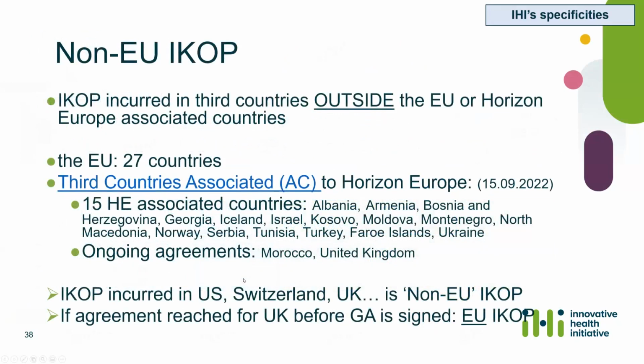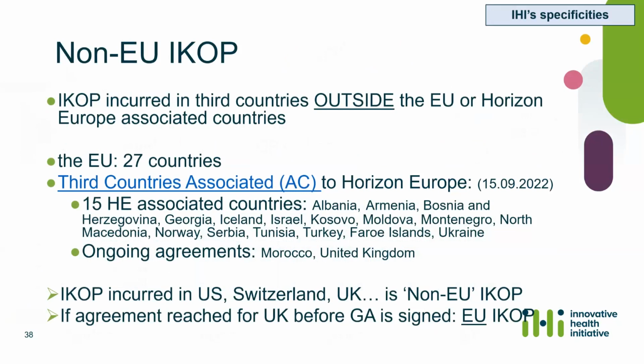So what do we mean by non-EU ICOP? We mean the ICOP that is incurred in third countries outside the EU or outside one of the associated countries of Horizon Europe. So outside basically the 27 countries from the European Union, and also outside the 15 associated countries, which are listed here. As you can see on this slide, as I said earlier, for the United Kingdom, as well as for Morocco, the agreement to become an associated country is still ongoing.